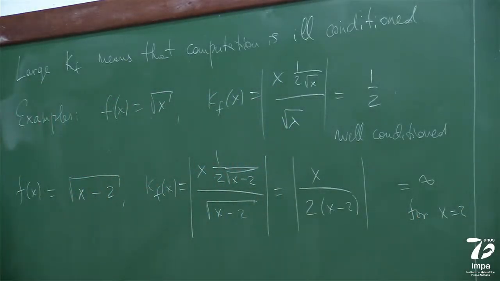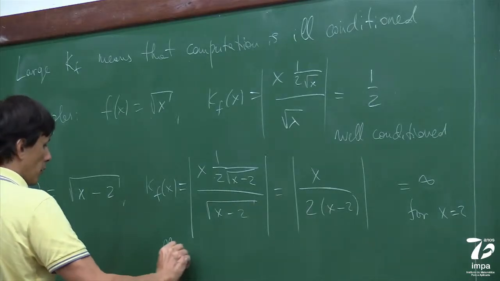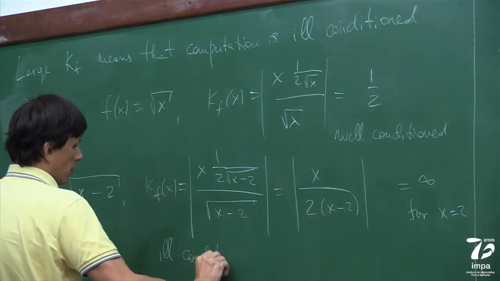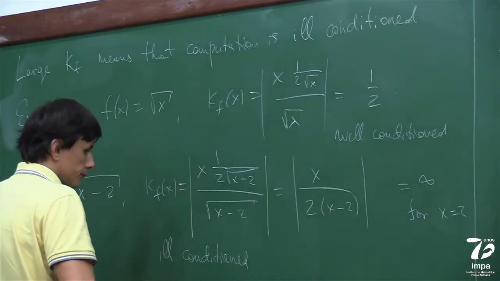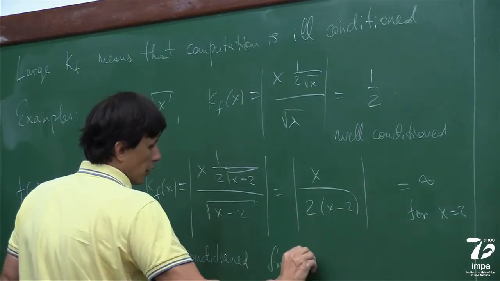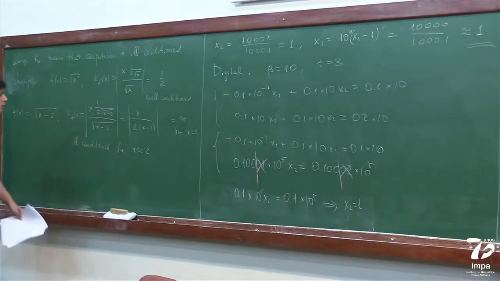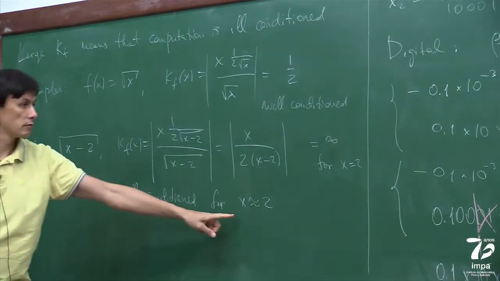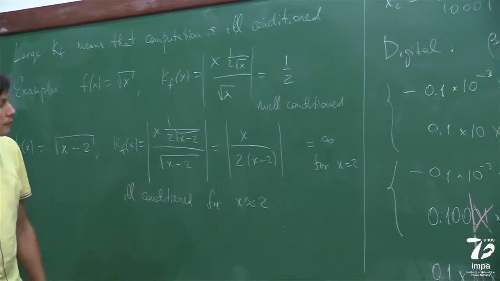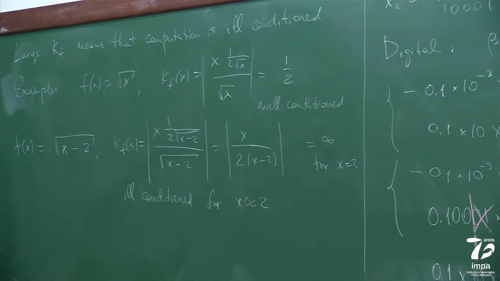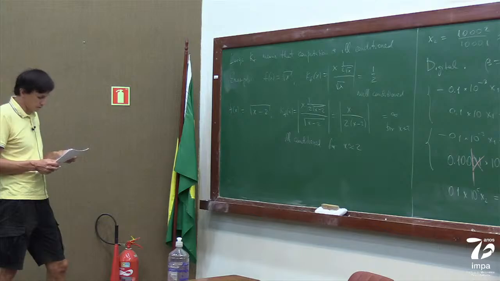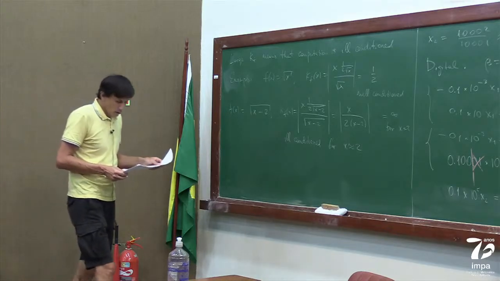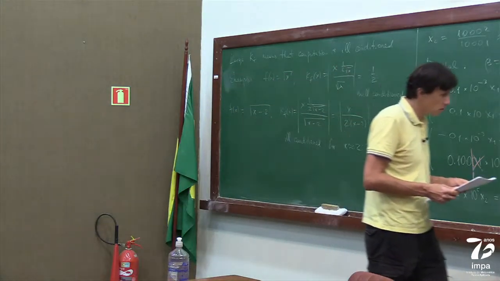Right? This means that it's ill-conditioned for x close to 2. Whenever you have x very close to 2, the error of the function will be much larger than the error of x. Which is rather natural in this case, because this has to do with divergence. Okay, so I think this is it.